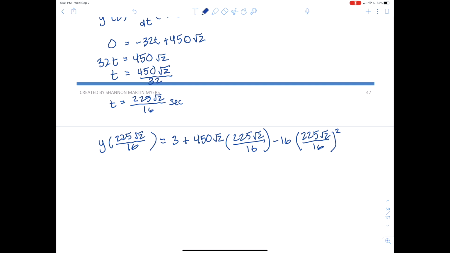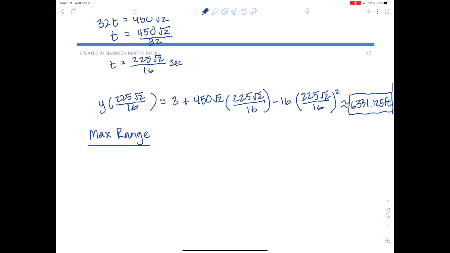Cool? All right, so it turns out when you approximate this, you're going to get approximately 6,331.125 feet. Okay, and that will be our maximum height. And it occurs at time 225 root 2 over 16 seconds. Groovy? Now, to find the max range, what do we need to do? Well, this time we need to set y at t equal to 0.